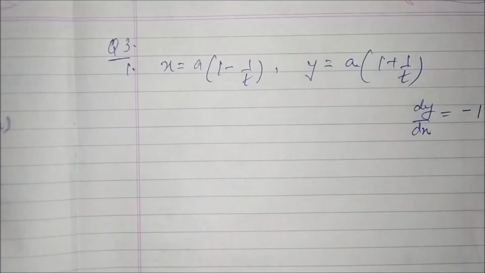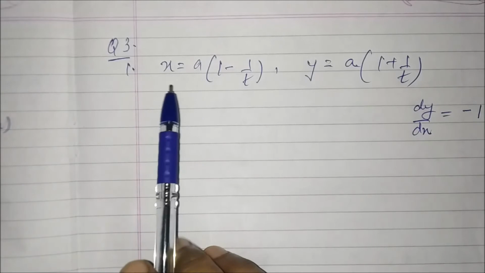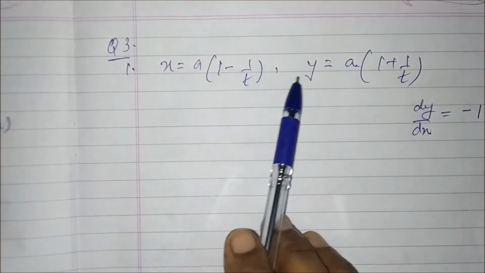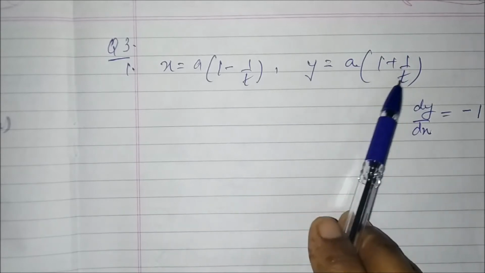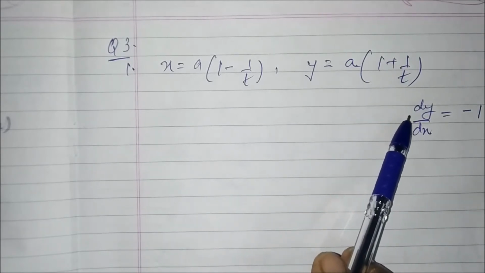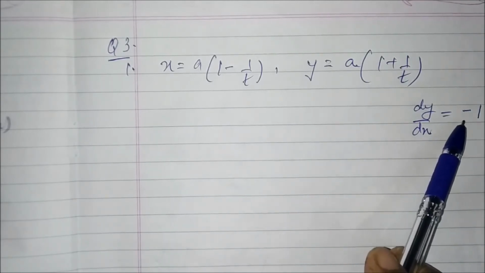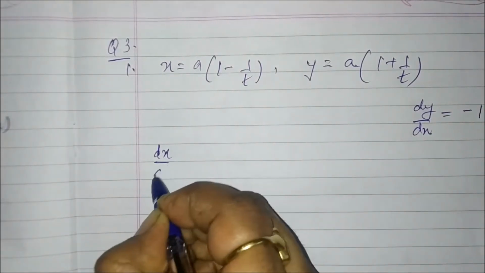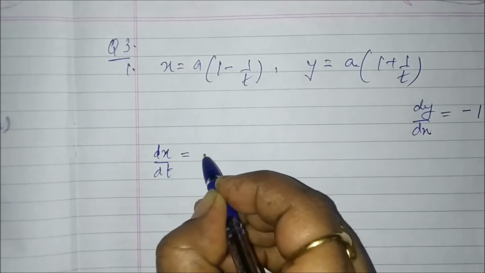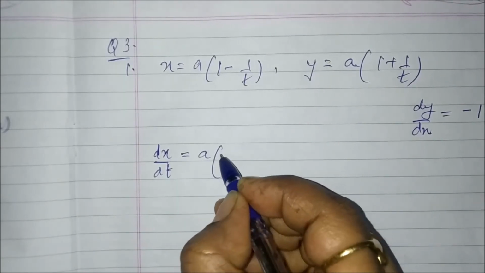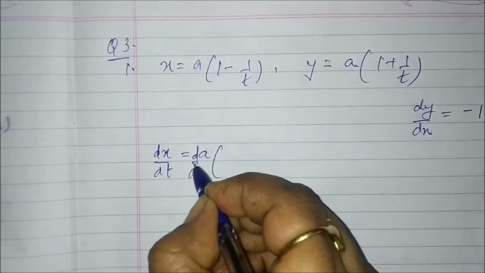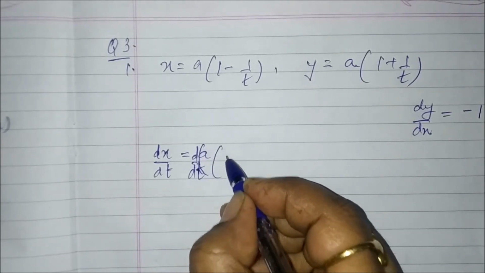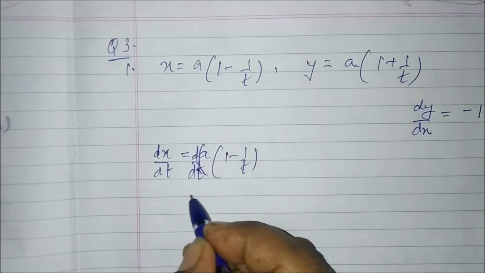Now see question number 3. First part is, if x equals a into 1 minus 1 by t and y equals a into 1 plus 1 by t, then show that dy by dx equals minus 1. As we have done earlier, differentiate x with respect to t, we get d by dt of a into 1 minus 1 by t.